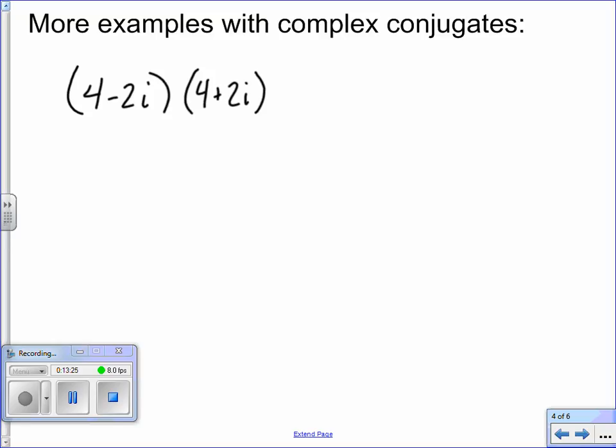I'm going to do my shortcut and see what real number it should equal, and then I'll show you through FOIL that it really is the same thing. So my shortcut says, figure out what a and b are. a is 4. b, you might say in the original, was a -2. So we're going to do a squared plus b squared.